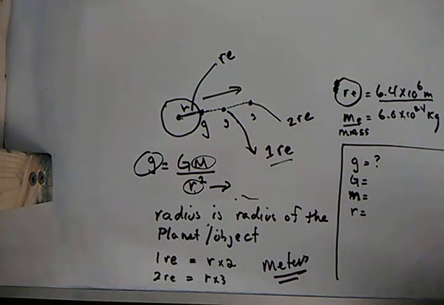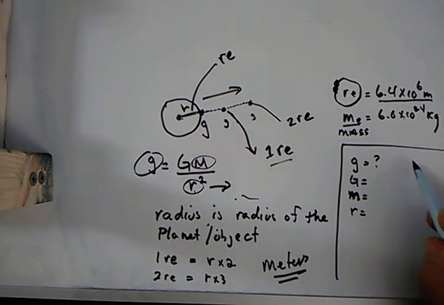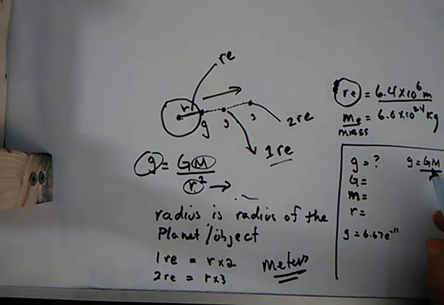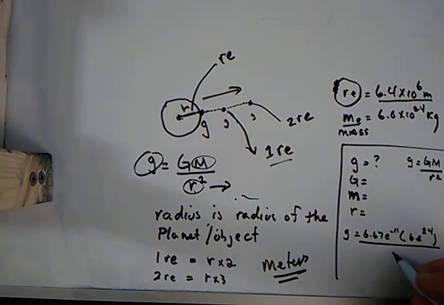If I go forward with this and solve using g equals GM over R squared: g equals 6.67 times 10 to the negative 11th, that's our big G, times the mass of the Earth, 6 times 10 to the 24th, divided by R squared, so 6.4 times 10 to the 6th, squared.